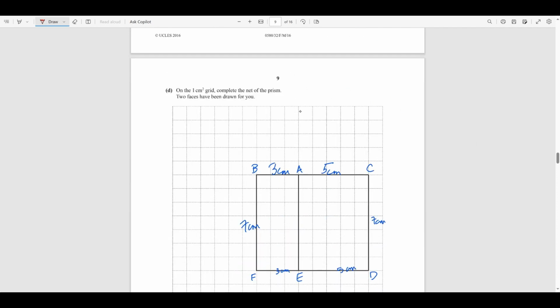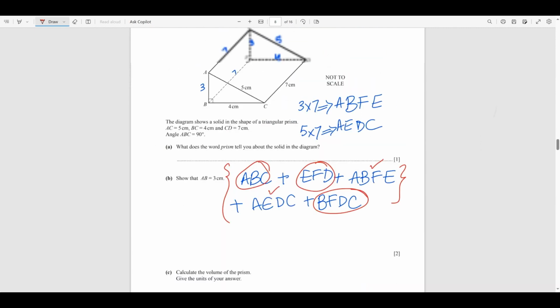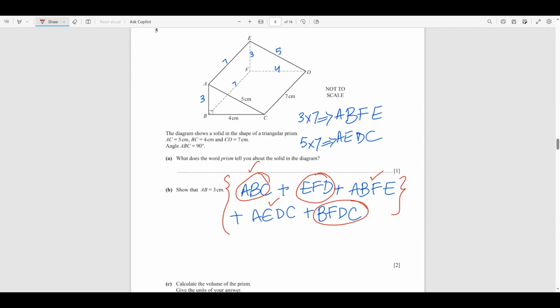So 1, 2, 3, 4. This is going to be my point C. This is 4 centimeters, right? Okay, then moving on, ABC is done. Okay, let's talk about EFD.